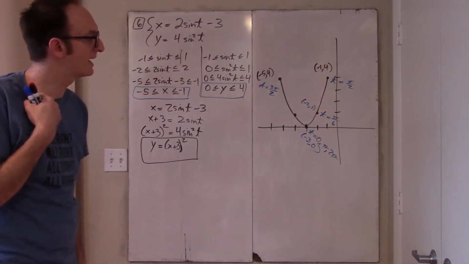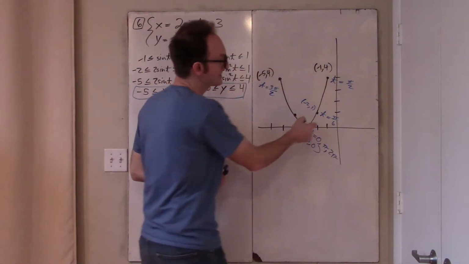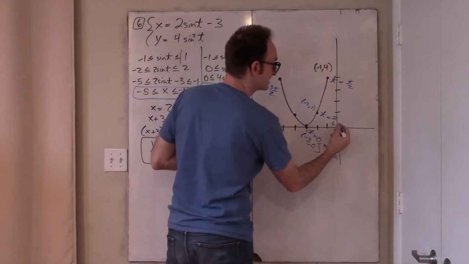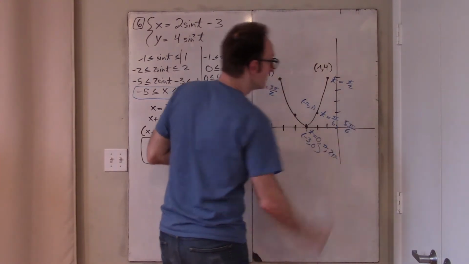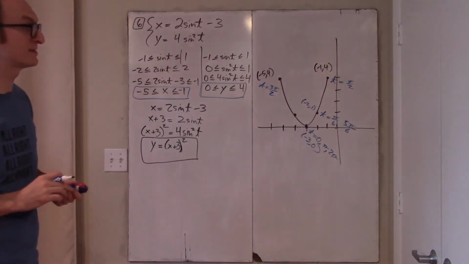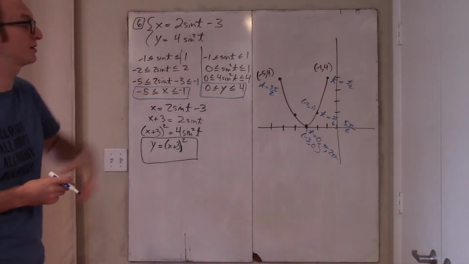All right, you can add more things if you want to be like a superstar. You can realize that I will also be back at this point at 5 pi over 6, because pi over 6 and 5 pi over 6 have the same y coordinate on the unit circle, so they will have the same sine values.